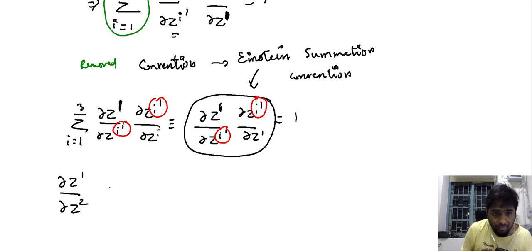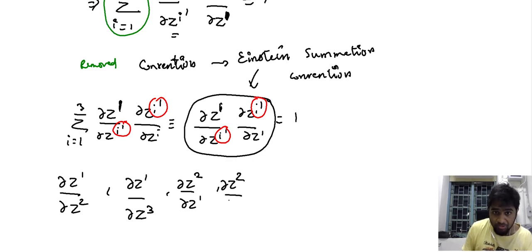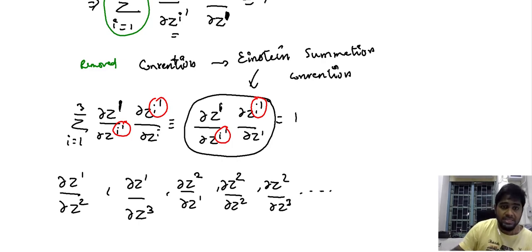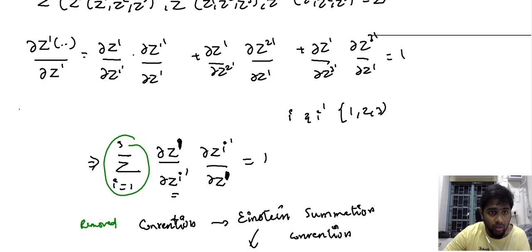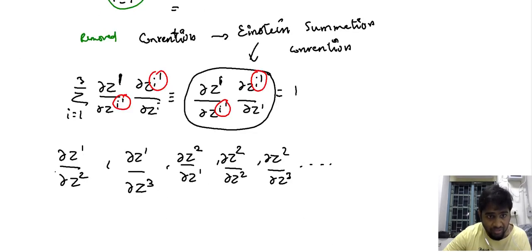In the same way, it is possible for us to write the partial derivative of z1 with respect to z3, the partial derivative of z2 with respect to z1, z2 with respect to z2, z2 with respect to z3, and so on and so forth. So this is just the partial derivative of one coordinate with respect to another coordinate, and if we extend it, we will be able to arrive at all these different partial derivatives starting with one coordinate system.